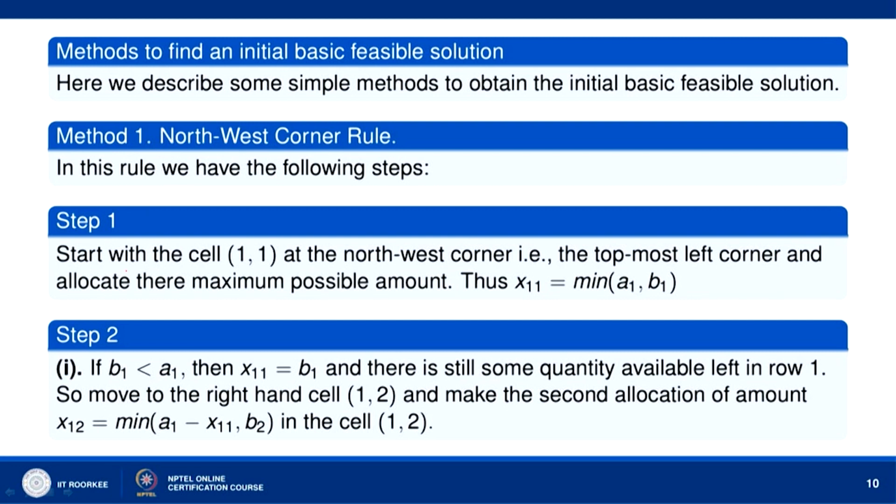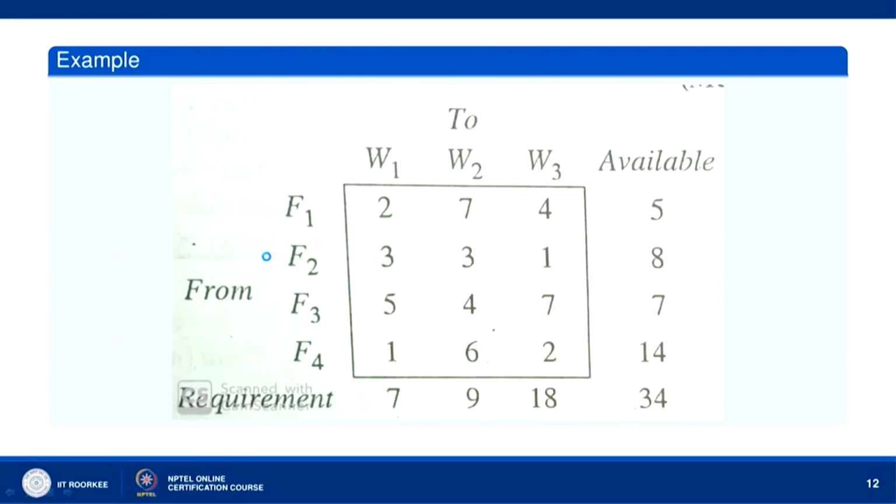In this rule we have the following steps. We form the transportation table. Let us see what kind of table we will have. F1, F2, F3, F4 are the sources. W1, W2, W3 are the destinations. Destinations are written here, sources are written here.